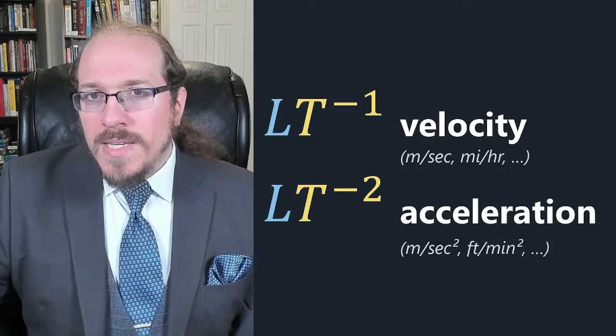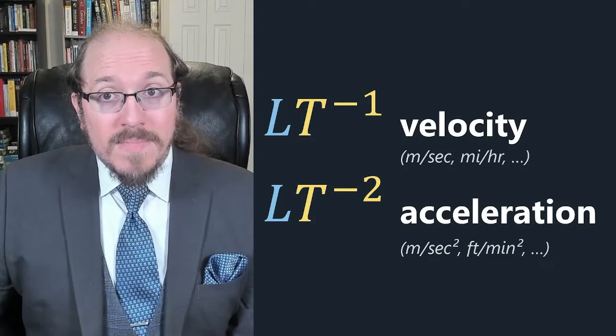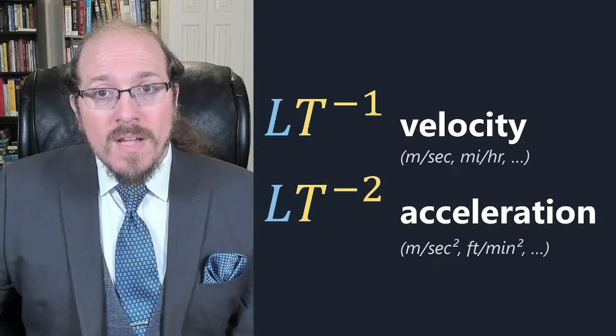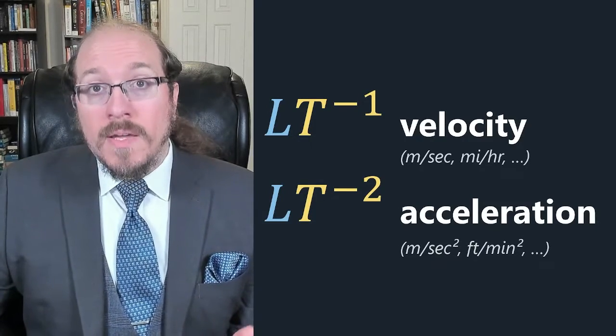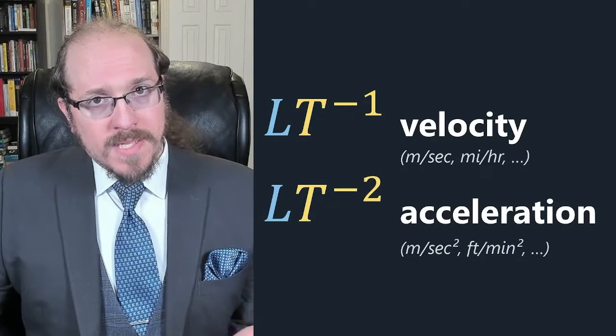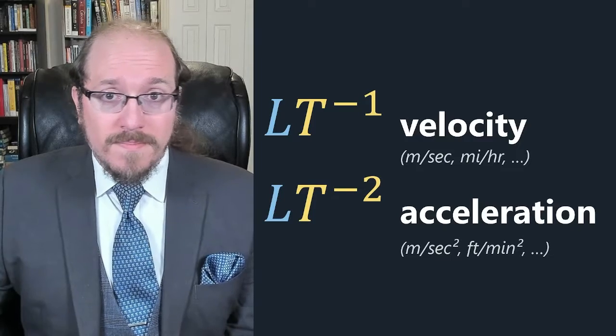We can also use negative powers to divide by a quantity, like when we divide by time to get certain rates. For example, velocity is distance, or length, traveled per unit of time, like meters per second or miles per hour. So time gets a power of -1.